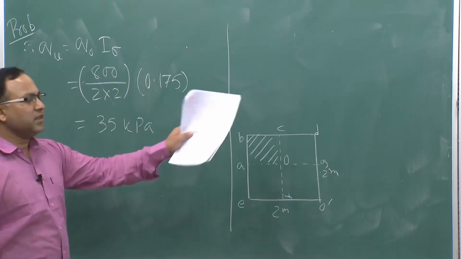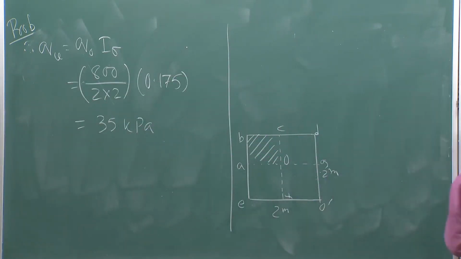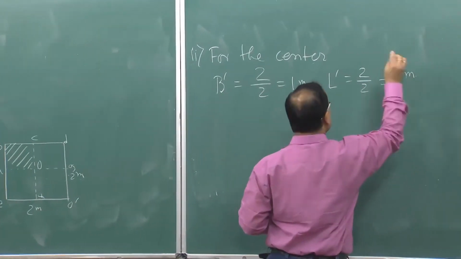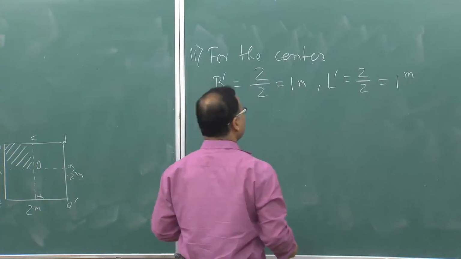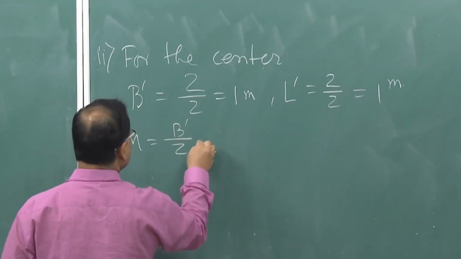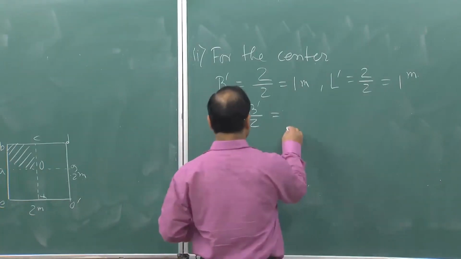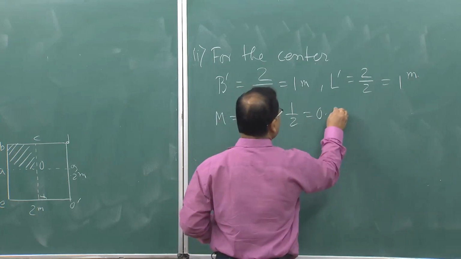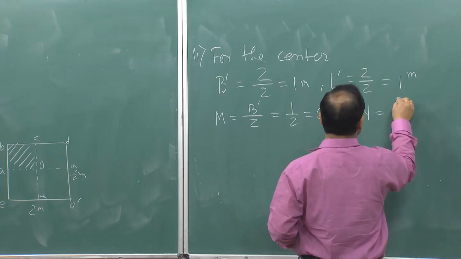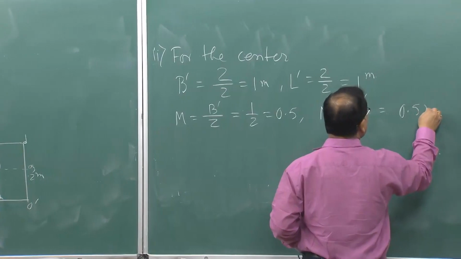Modified B, that is B prime, is half of that, 2 by 2 is equal to 1 meter. Similarly, L prime is also 2 by 2 is equal to 1 meter. Therefore, your m is b prime by z. Z is same 2 meter. So, 1 by 2 that comes as 0.5. Similarly, n equal to L prime by Z is equal to 0.5.